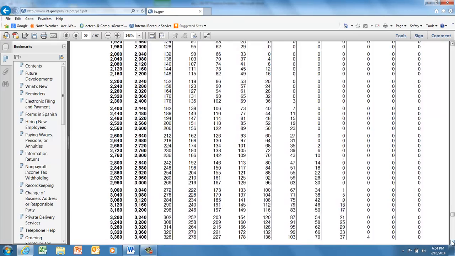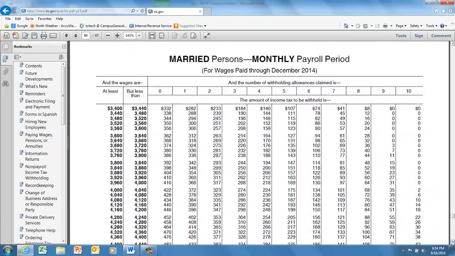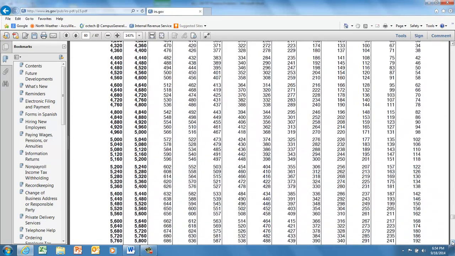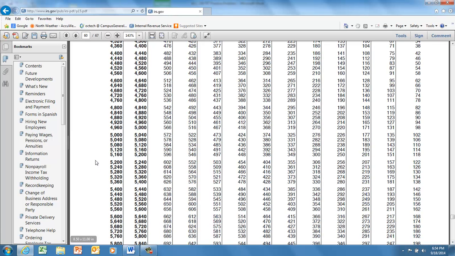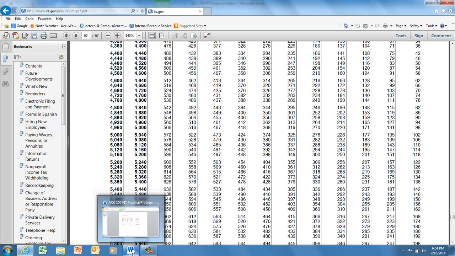Here's the married, and we want 5,070. 5,070 is going to be in between 5,040 and 5,080. We had married 3. This is the 0, 1, 2, 3. So that'd be $430.